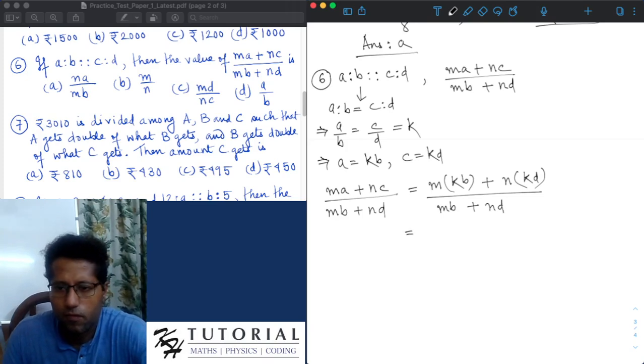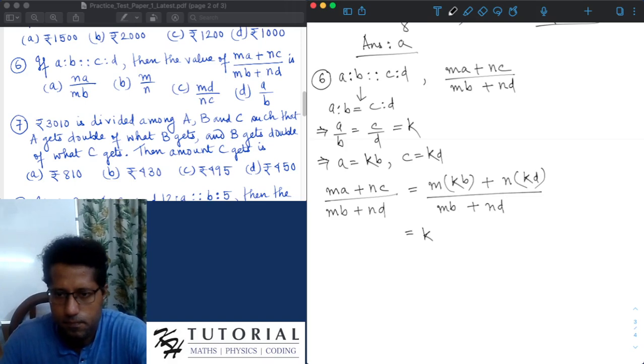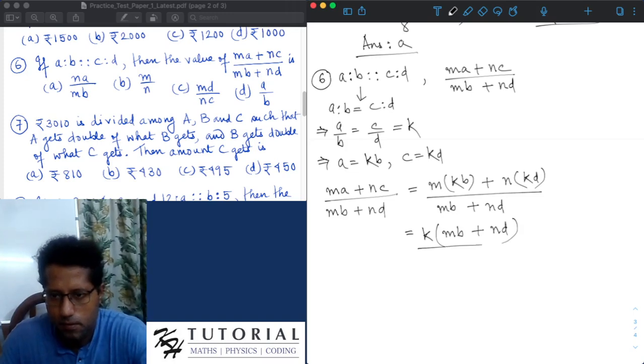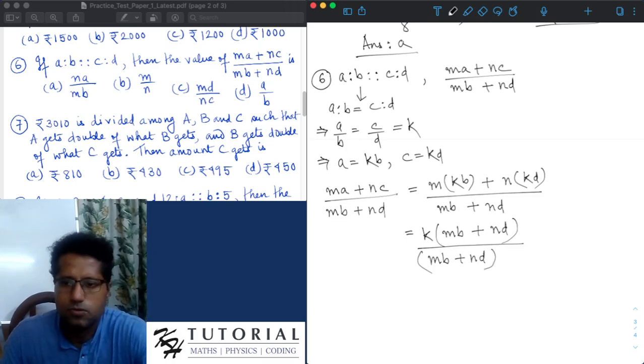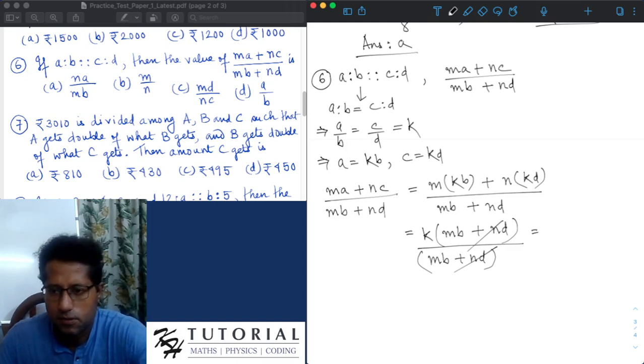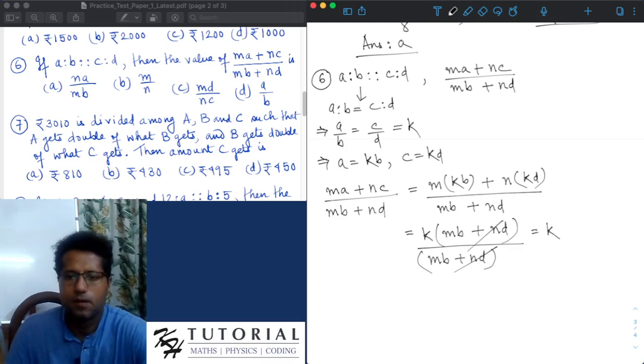Now from the numerator you can take K common, and you will have K times (MB plus ND) divided by MB plus ND. So this cancels out, and this is nothing but K.